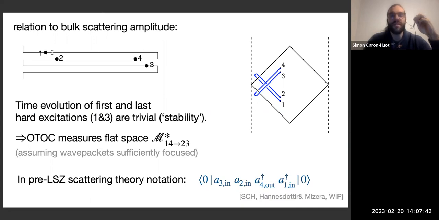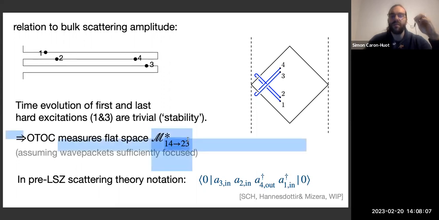The main thing is that a single particle excitation evolves trivially in time. As long as the excitation is stable, which would be the case for highly boosted excitation, the evolution of 1 forward in time is rather trivial. And similarly, the evolution of 3 backward in time is rather trivial. So this process really is a scattering amplitude of 1, 4 going to 2, 3 backward in time, so complex conjugated.